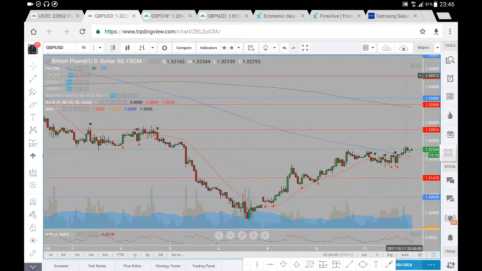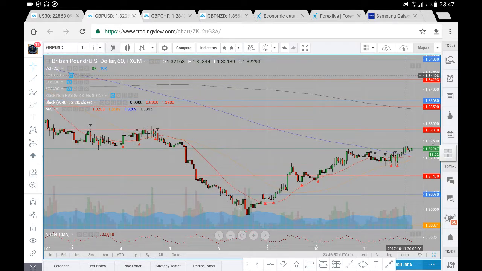We could get to that level sometime in the short term, and more likely in the medium term. Now, if we do break down in prices, I've mentioned before 131.47. Beneath that, again, we'll be looking at 130.93 as the next possible level. I wouldn't expect prices to break down much beyond that in one day.